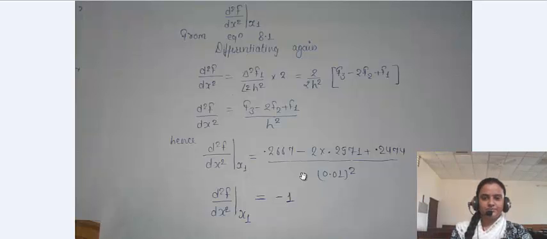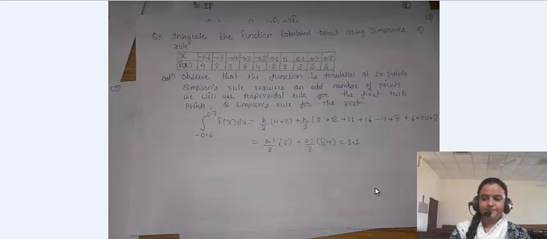After calculating this expression, we get d square f upon dx square at point x1 is equal to minus 1. So finally we got the answer as minus 1. This is what the first question is.